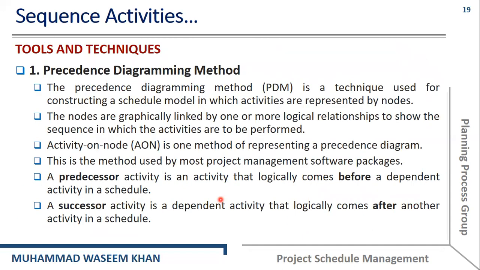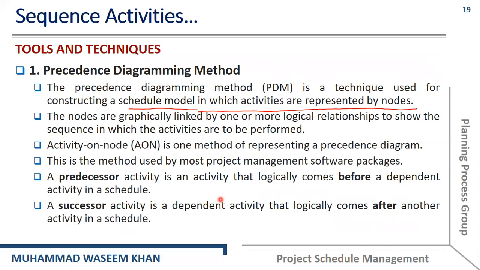So the tools and techniques include different tools that we can use for sequencing activities, and the topmost of them is the precedence diagramming method. The precedence diagramming method, or PDM, is a technique which is used for constructing a schedule model in which activities are represented by nodes.